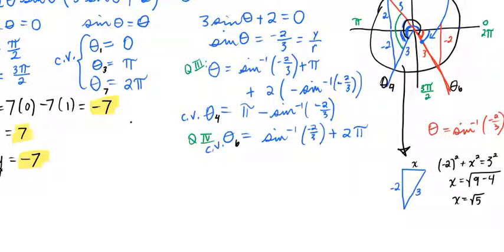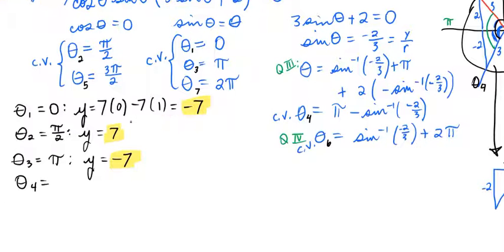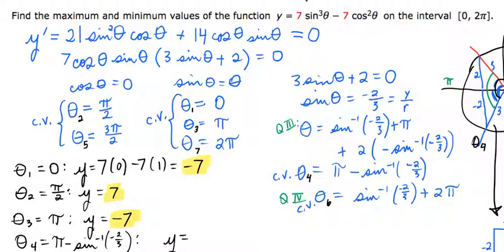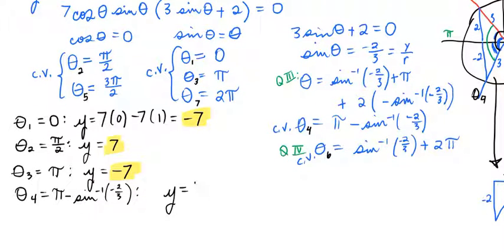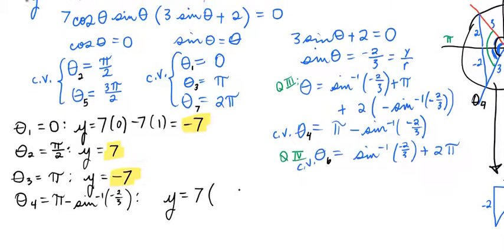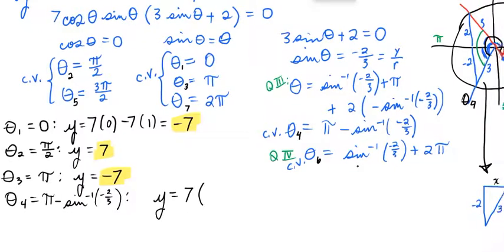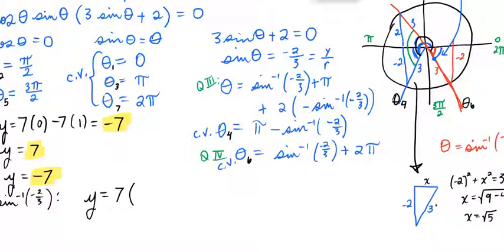Okay, so when we plug in this value, pi minus sine inverse of negative 2/3, we get y equals 7 times sine cubed theta minus 7 cosine squared theta. So for sine cubed theta, I'm going to find sine of theta and cube it. To find sine theta, I'm going to use my diagram over here.